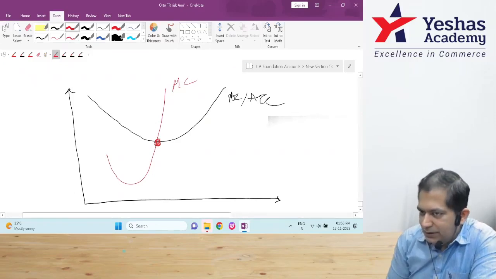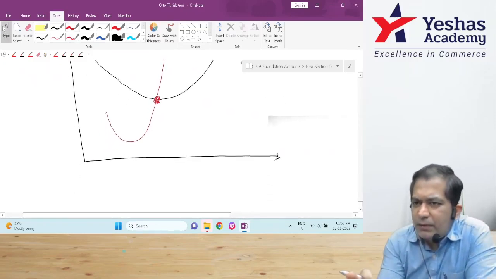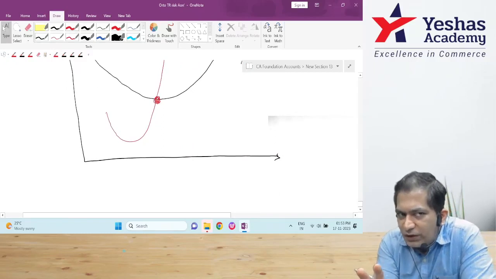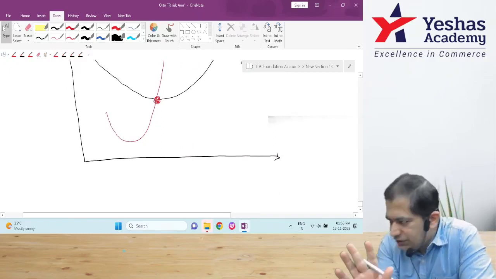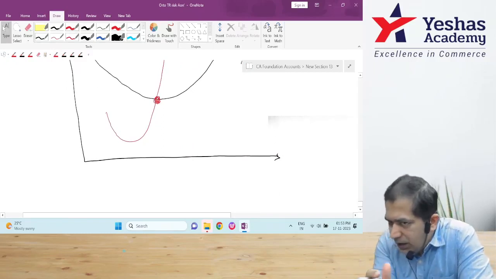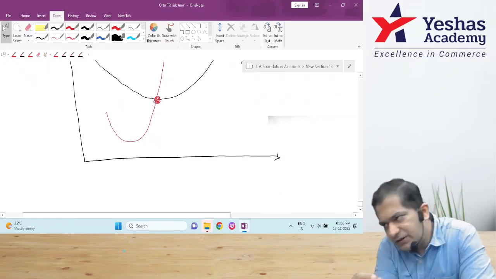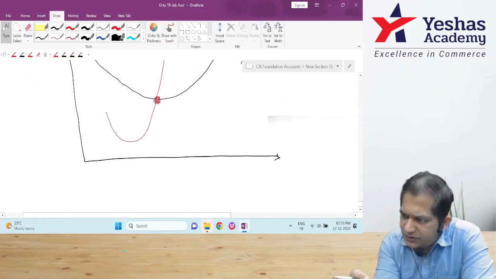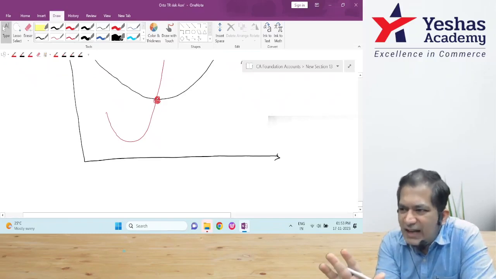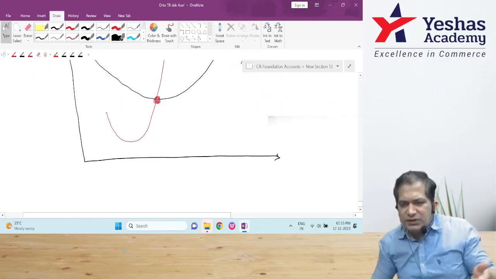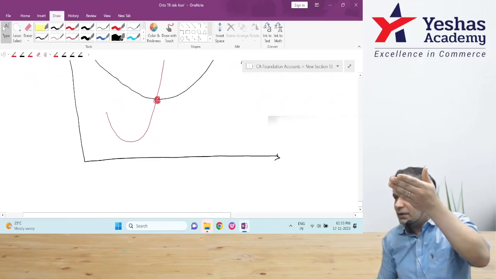But remember, you should know the difference between MC and AC. When MC changes, it will change the AC in the same way, not by the exact figure. It means when MC is increasing, AC or ATC can never decrease.